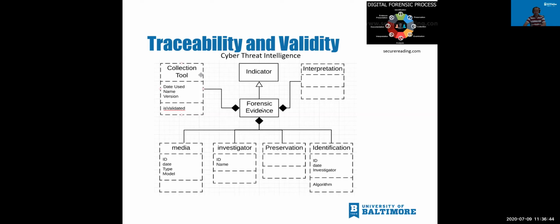Basically, we use this diagram. This could be seen as a class diagram, which is an idea borrowed from software engineering.